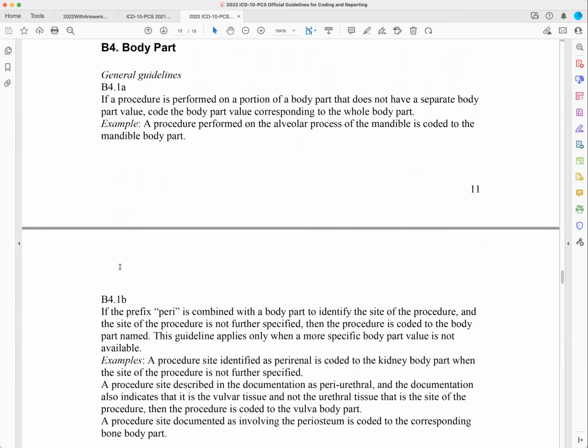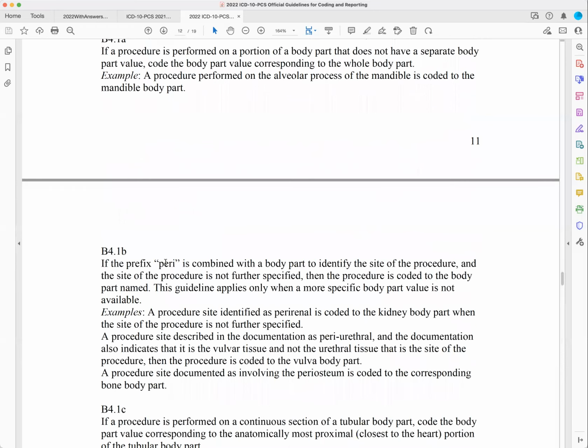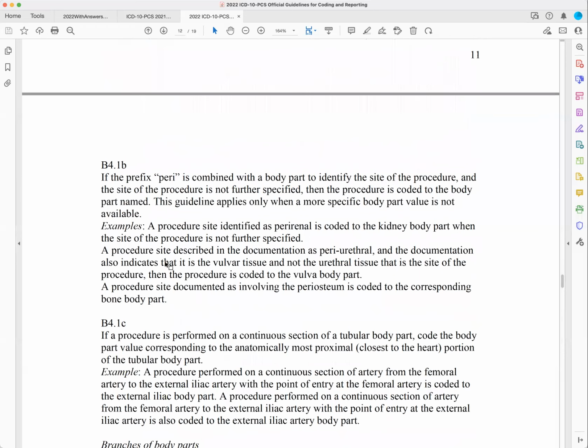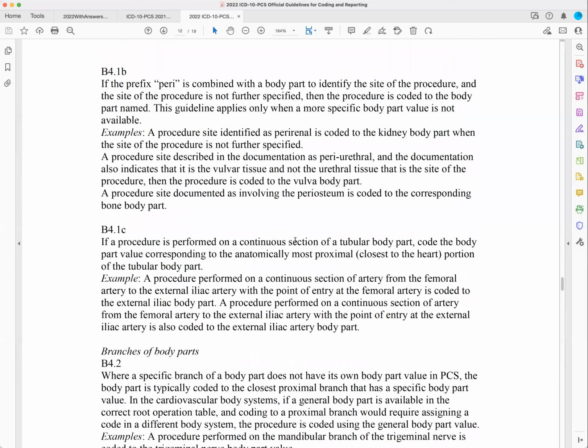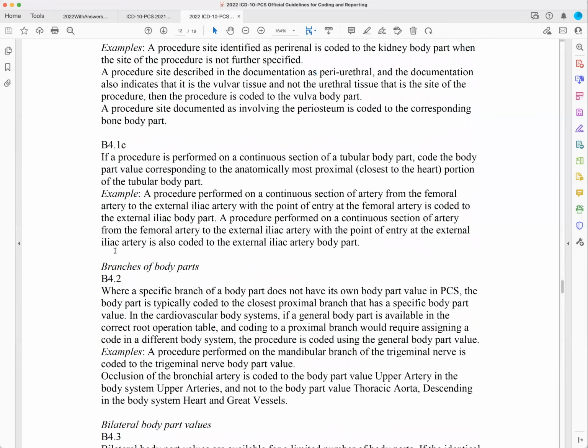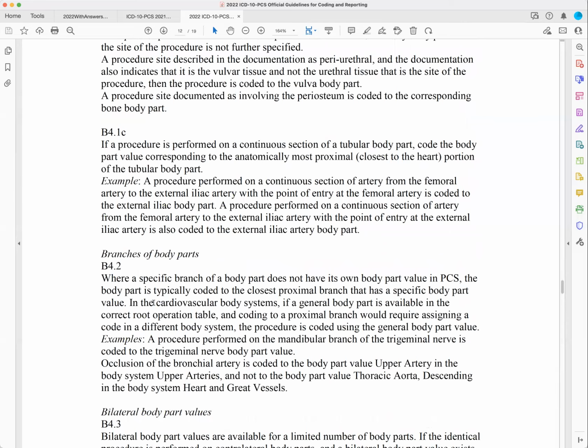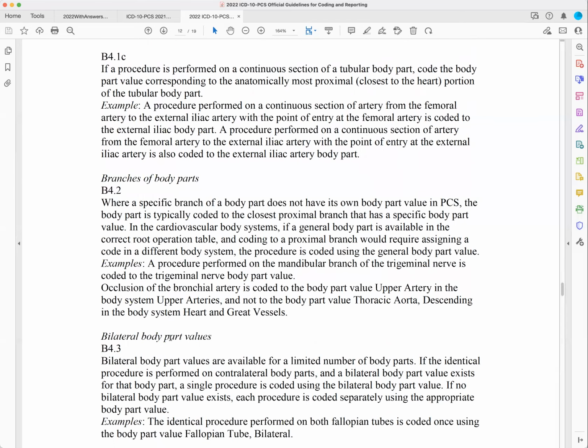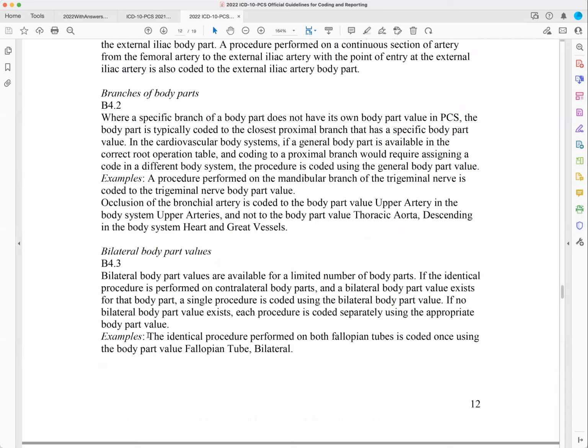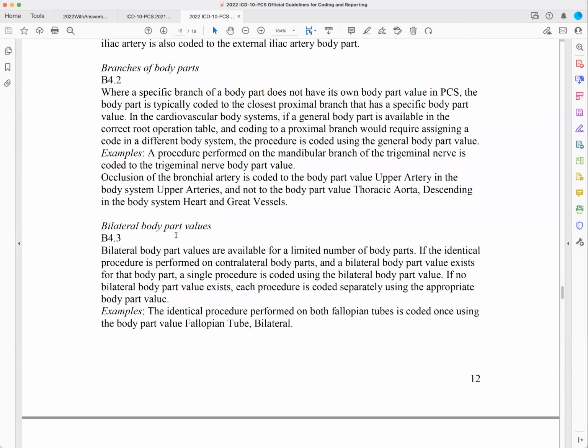Then we've got some guidelines for when they use the term peri, when a procedure is performed on a continuous section of a tubular body part, branches of body parts, bilateral body parts. So with the bilateral body parts, in some instances, there is a body part value in the table for your fourth character that indicates bilateral.